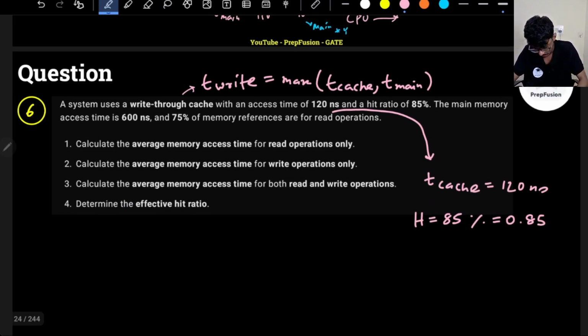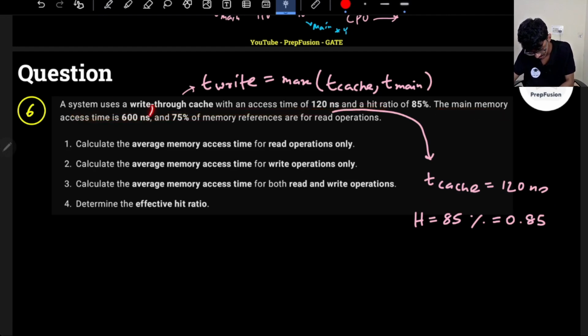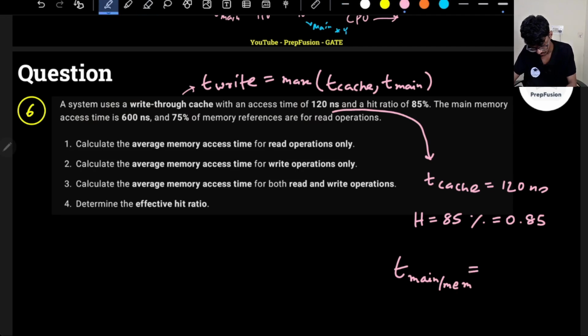Now, this was for the cache memory. The main memory access time is 600 nanoseconds. From this line also you can understand that the 120 nanoseconds was for T cache, if you have any confusion. So T main memory equals 600 nanoseconds.